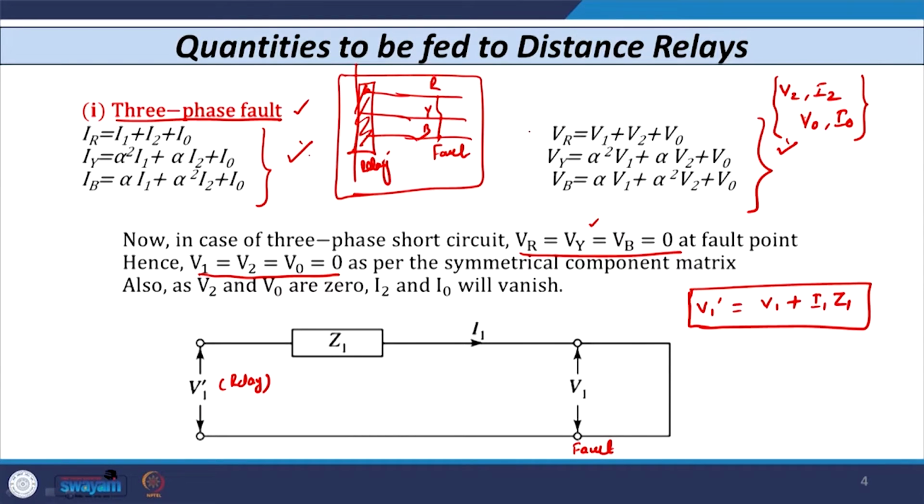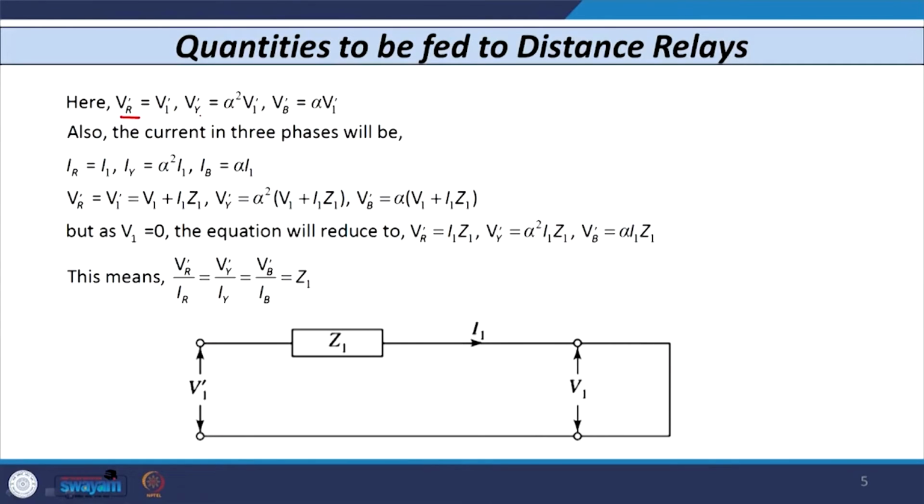We can find that out using these 3 equations. VR dash is equal to V1 dash, which is V1 plus I1 Z1. Similarly, VY dash is alpha square V1 dash, and VB dash is alpha V1 dash. So we have the 3 voltages at the relaying point, VR dash, VY dash, VB dash, because whenever a fault occurs the voltage slightly reduces.